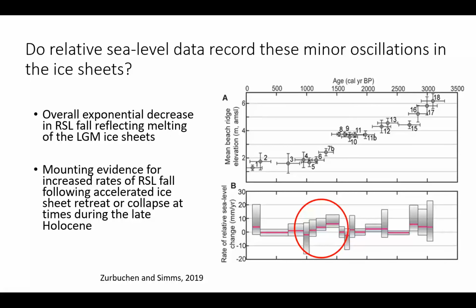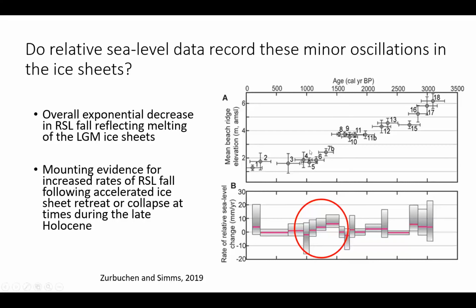So what we're interested in is, does relative sea level data across Antarctica, or at least within the Antarctic Peninsula, record some of these oscillations in the ice front? Now, the first thing to think about is that the last glacial maximum 20,000 years ago was the height, but in Antarctica the ice was large till 10 to 12,000 years ago.